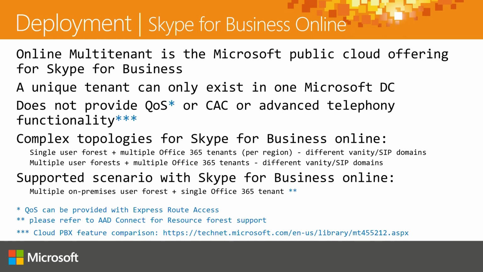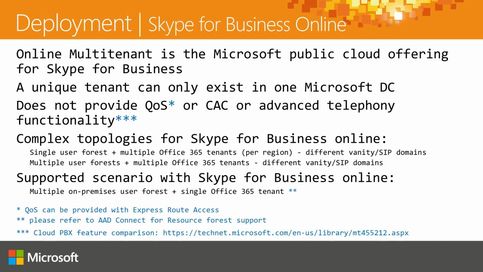Now, Sky for Business Online doesn't provide specific functions. It is a different product when you compare Sky for Business Online and Sky for Business On-Premise Server. It doesn't provide QoS, although there is an option. If you use Express Route, we would honor the QoS mappings inside Express Route.